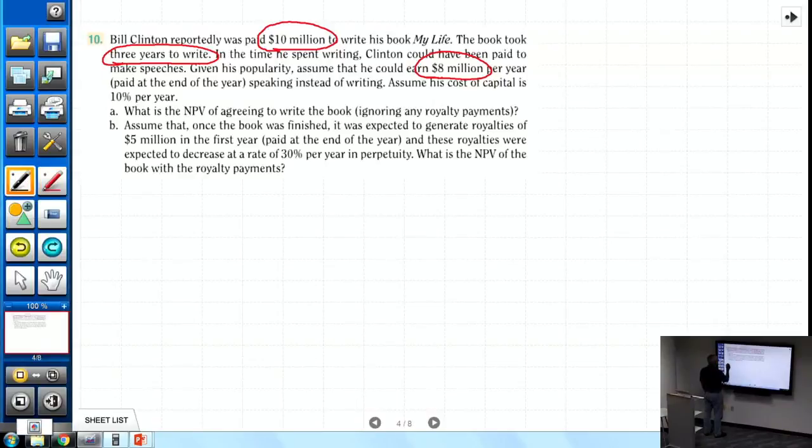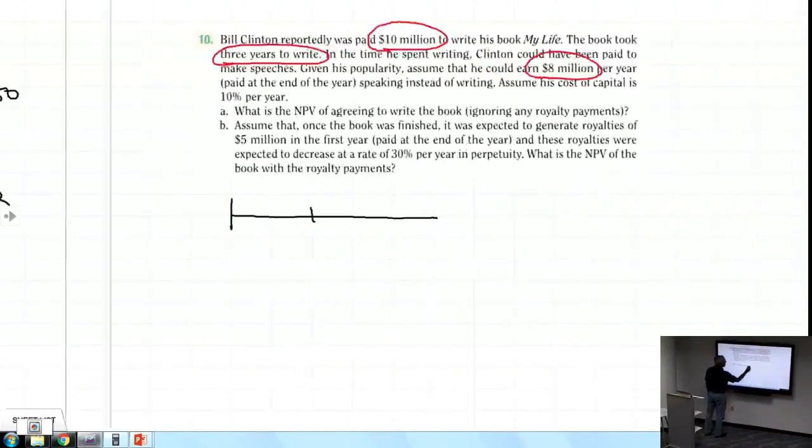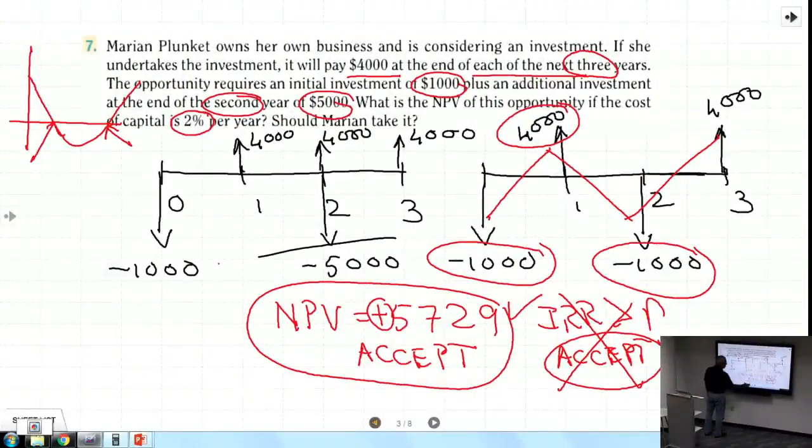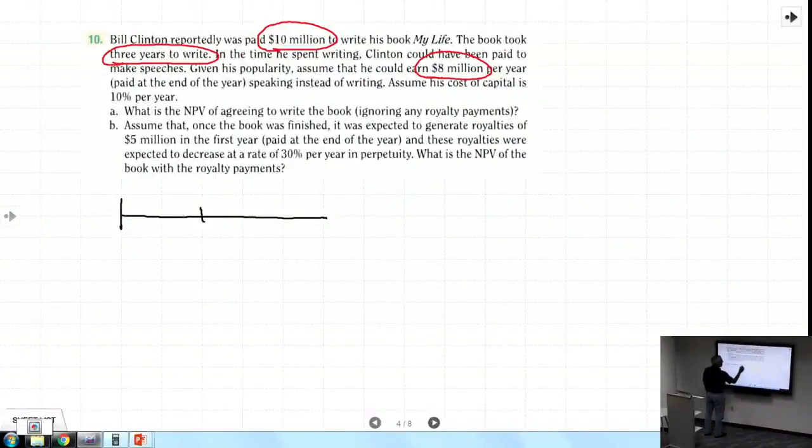So part A, the timeline would be 1, 2, 3. He was paid $10 million.